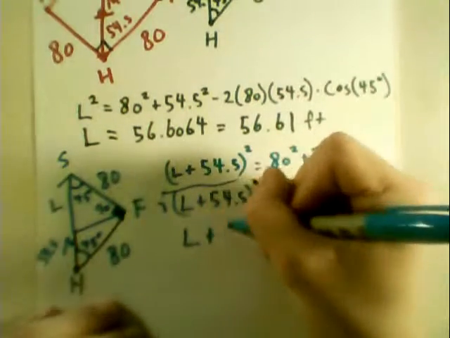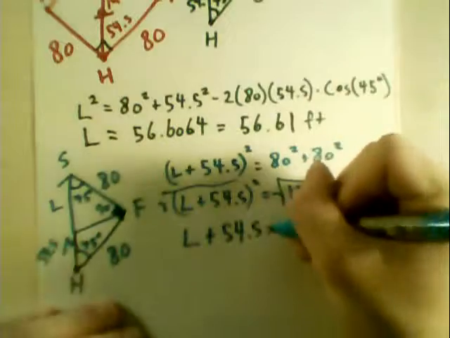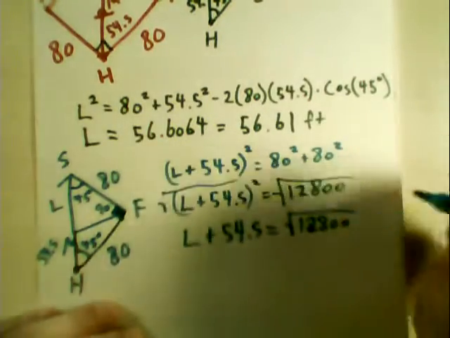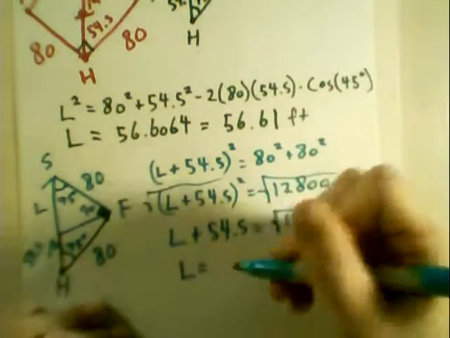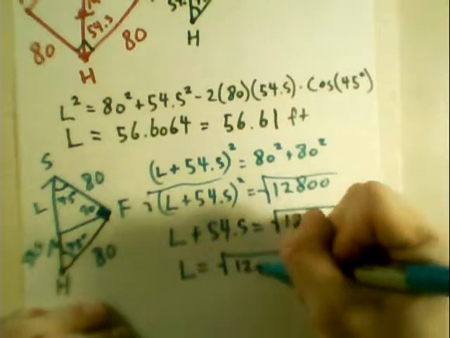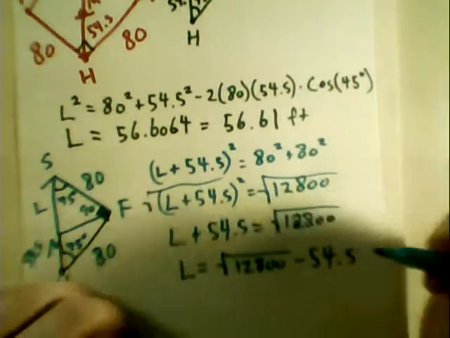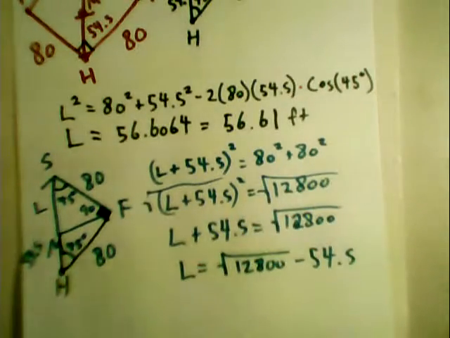So we have L plus 54.5 equals the square root of 12800. Now to get L completely by itself, we just subtract 54.5. So if you type that in your calculator, you will get the length of L, which is what we're looking for.